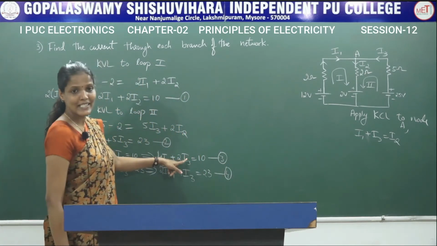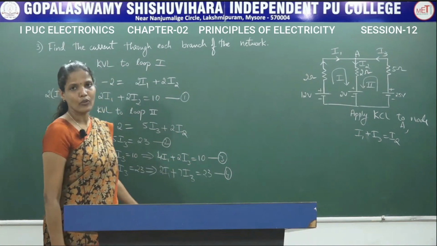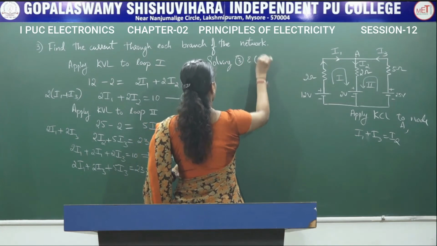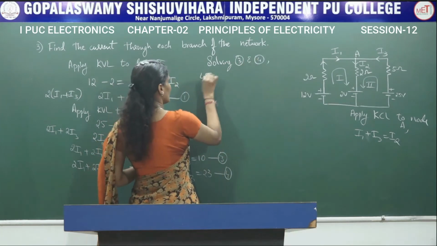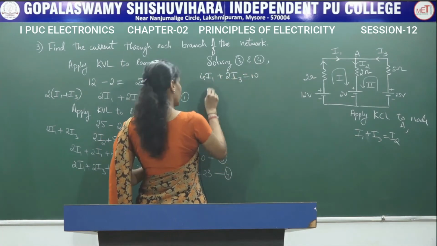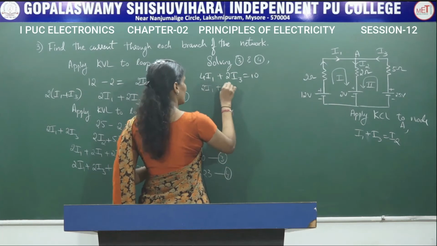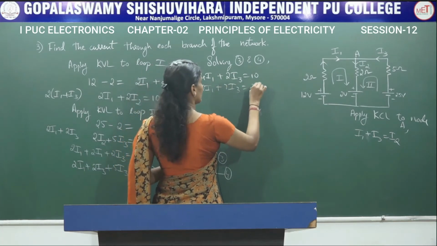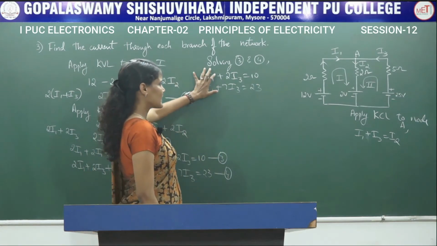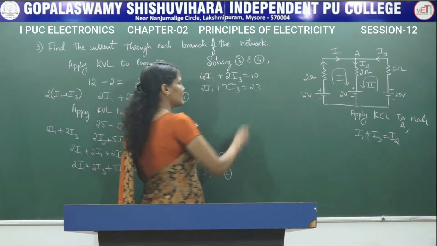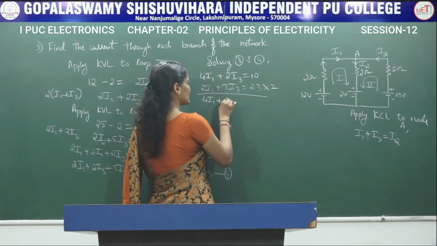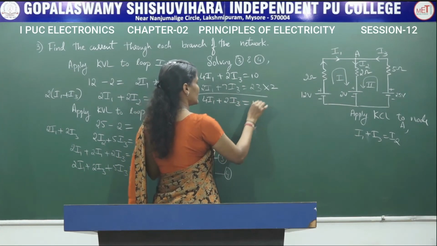Now you can easily simplify equations 3 and 4. Solving equations 3 and 4, we get 4I1 plus 2I3 is equal to 10, and 2I1 plus 7I3 is equal to 23. In order to cancel I1 or I3, let me cancel I1 itself. So I have to multiply the second equation by 2. The first equation will be written as it is, 4I1 plus 2I3 is equal to 10.